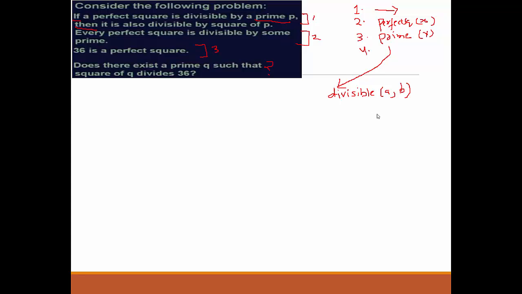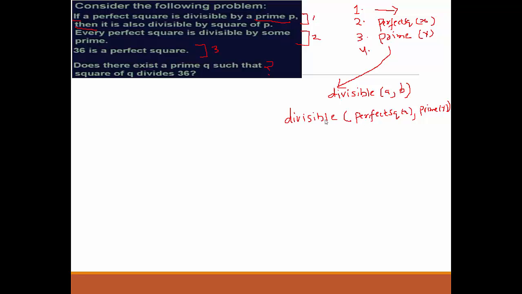So we could represent it like this. We are going to represent this statement, which is perfect square is divisible by prime, by something like this: divisible perfect square x comma prime y.